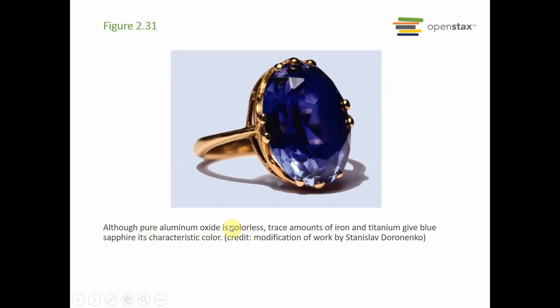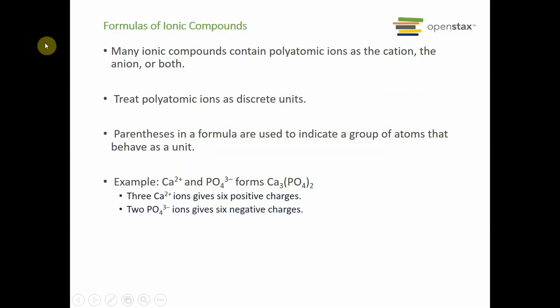Although pure aluminum oxide is colorless, trace amounts of iron and titanium give blue sapphire its characteristic color. Many compounds contain polyatomic ions as the cation, the anion, or both. Treat polyatomic ions as discrete units.